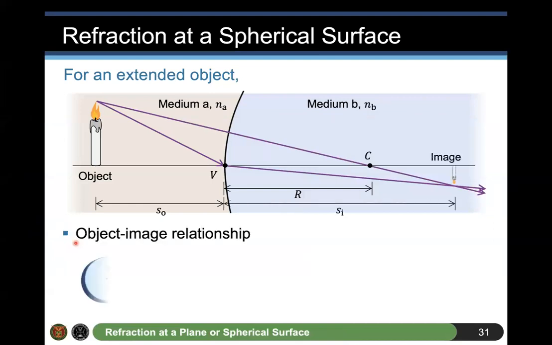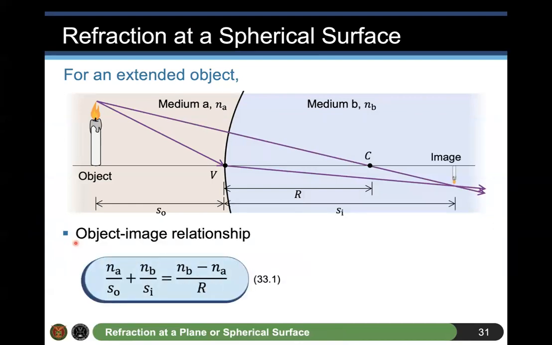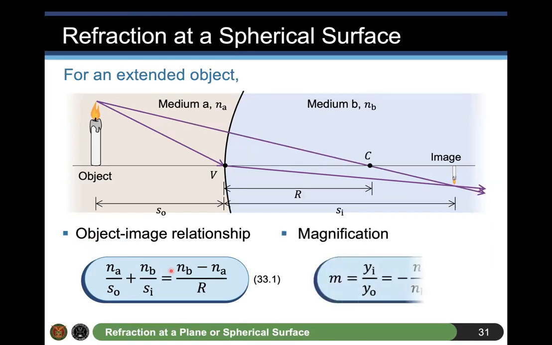Okay? So, this time, again, same lang yung object-image relationship dun sa point object. So, meron ka lang NA, NB sa taas, imbis ng puro 1. And the magnification will now be like this. Okay? Yung YI over YO, same lang. Yung negative SI over SO, same lang, except na meron kang i-multiply na ratio nung indices of refraction. NA over NB.